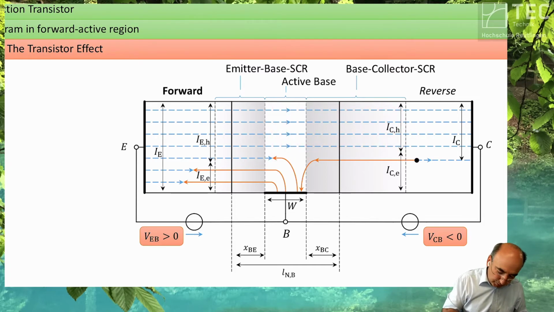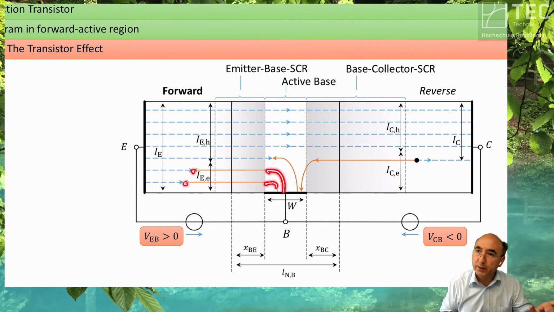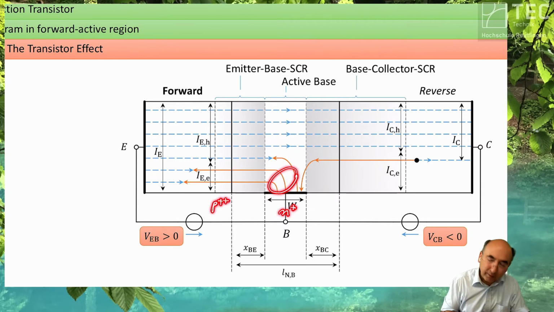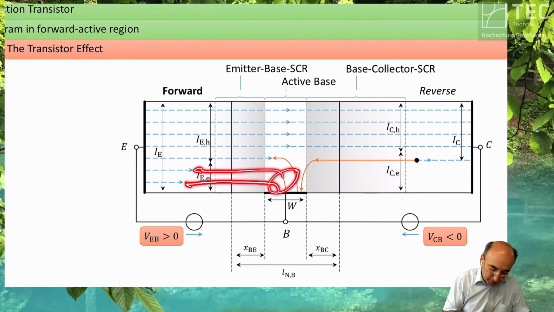So you assume here a big arrow, and then a small portion is recombined due to the base current. This base current you cannot avoid, but if you reduce the N doping compared to the P doping, then you reduce this number of electrons which can be injected to the other side.